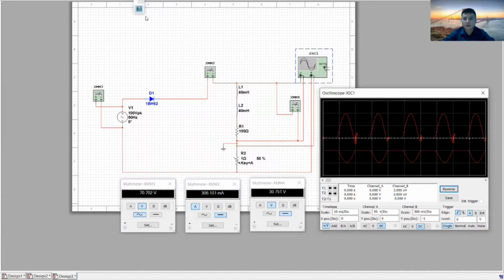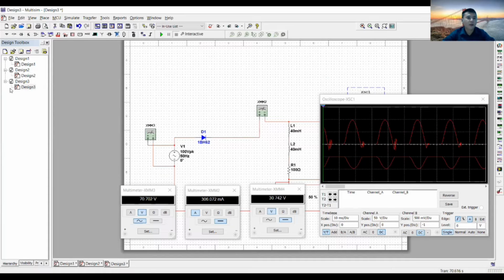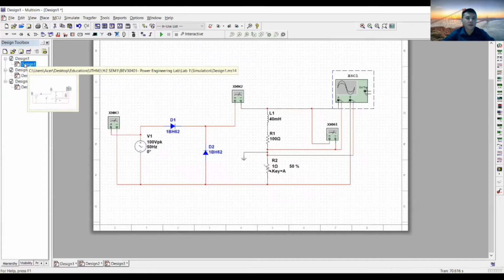So this proves that the higher the inductive load, the higher the voltage spike that will occur in the circuit. Then I will show you how we can overcome this voltage spike in the last activity. We install another diode parallel with the load, which we call a freewheeling diode.